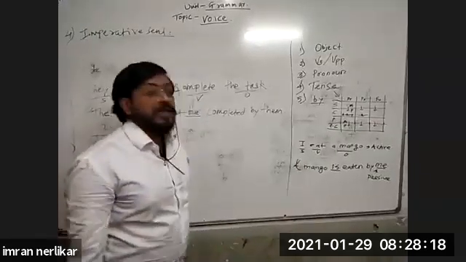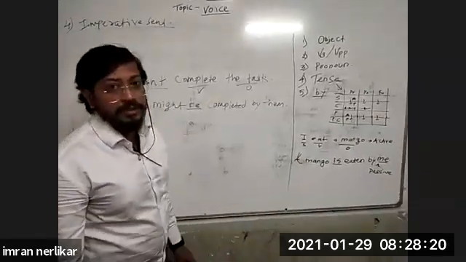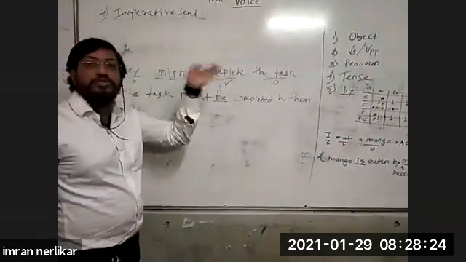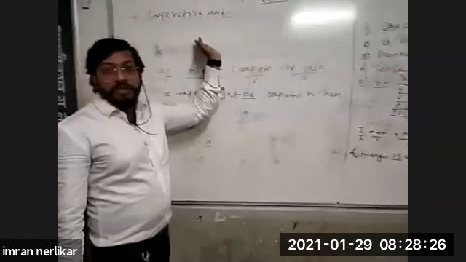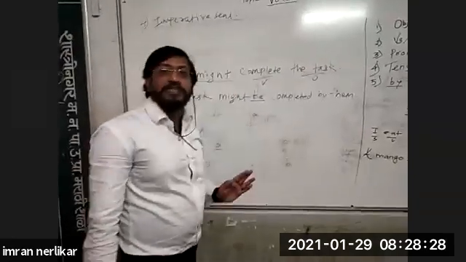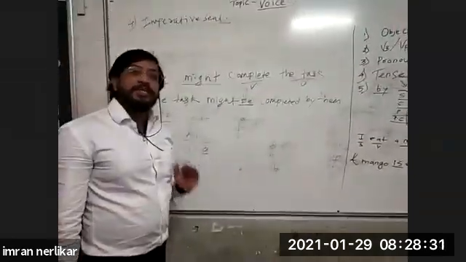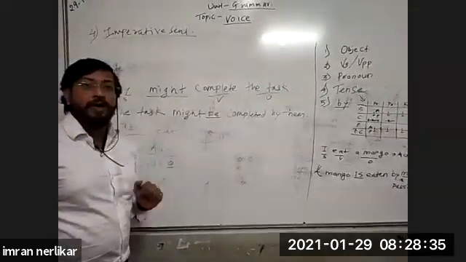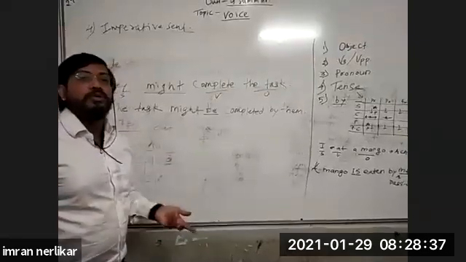After that, second is the interrogative sentence. Interrogative we'll see after this. Next type is the imperative sentence. An imperative sentence means the sentences in which orders are given. For example, come in, sit down, open the book, write down.